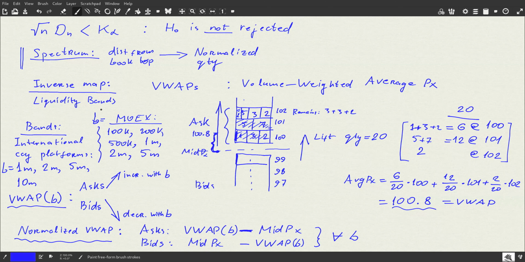So let me call it in this case B_I, and you would construct it as a function of I, where I is the band number.